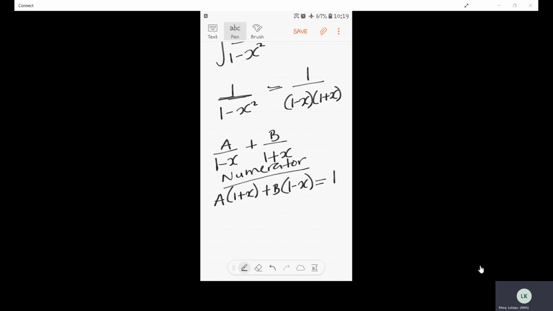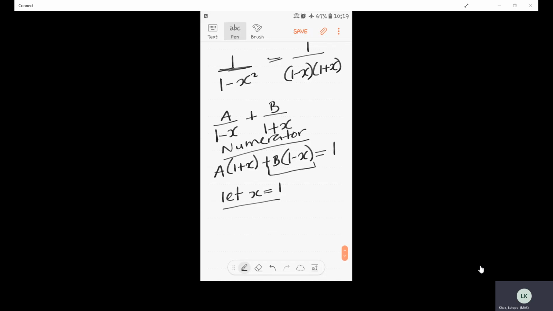And then we can let x equal to 1. So when x is equal to 1, this component will disappear, so b will be gone. Then I will have a times 1 plus 1. This is equal to 1. This means that a is equal to a half.